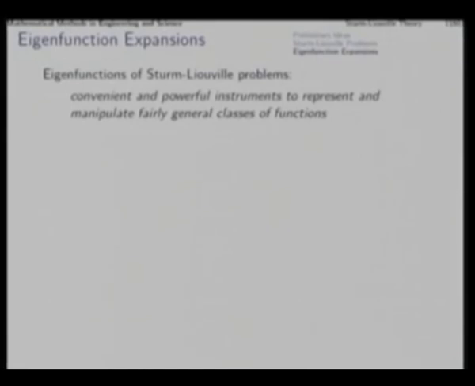Now, we come to the most important application of the eigenfunctions of Sturm-Liouville problems, and that is function representation. Eigenfunctions of an SL problem give us a convenient and powerful tool to represent and manipulate fairly general classes of functions.